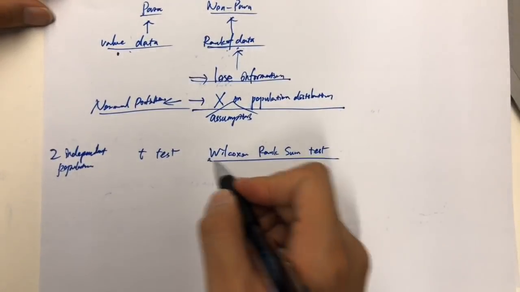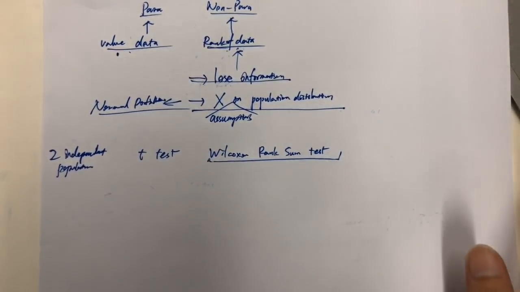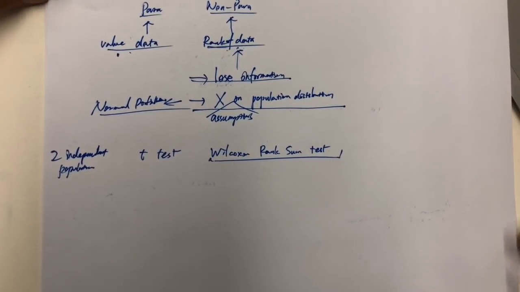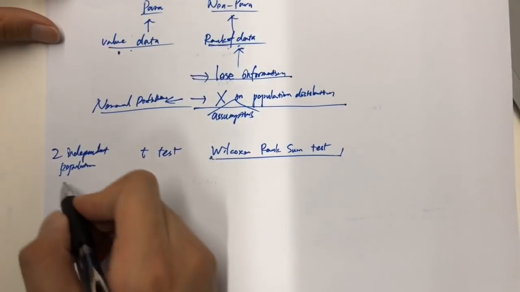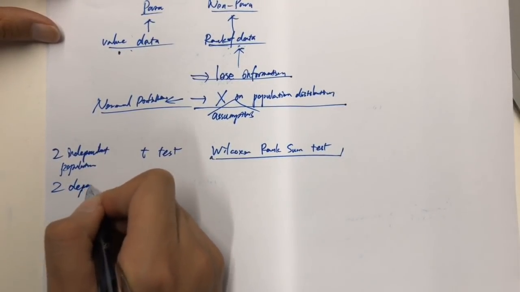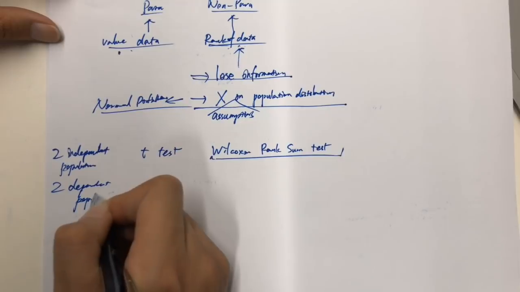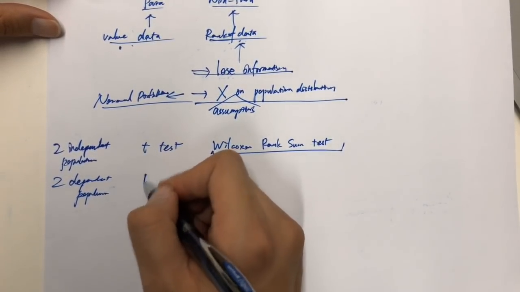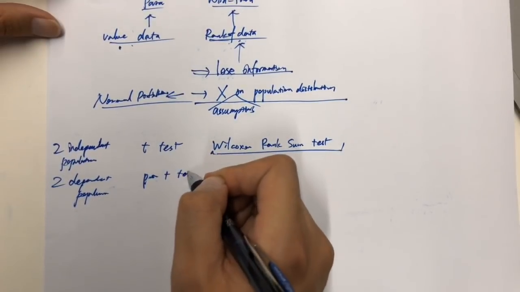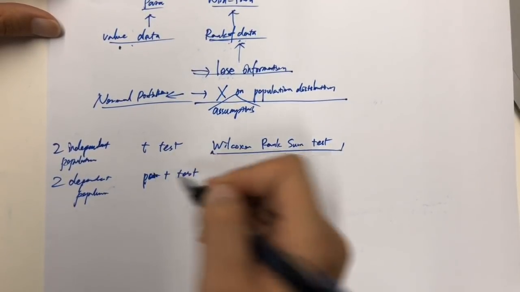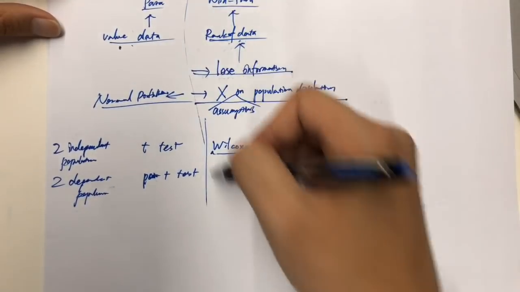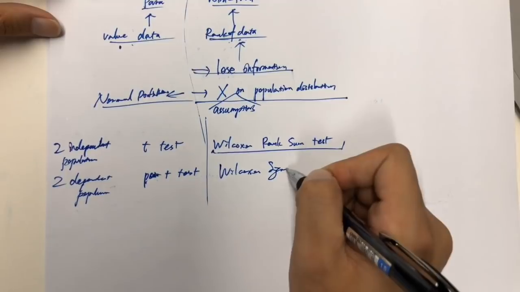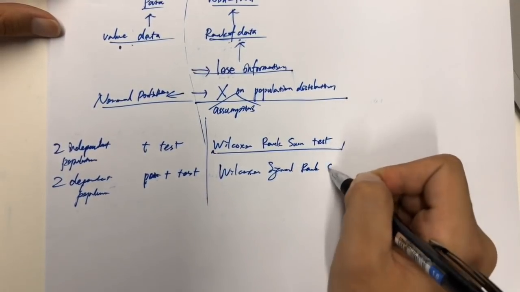I think it's pretty straightforward, and if you can't understand your slides, you can go back to my assignment feedback, okay? For two matched pairs or two dependent populations, we have the paired t-test, and for the non-parametric one, it's called the Wilcoxon signed rank sum test.